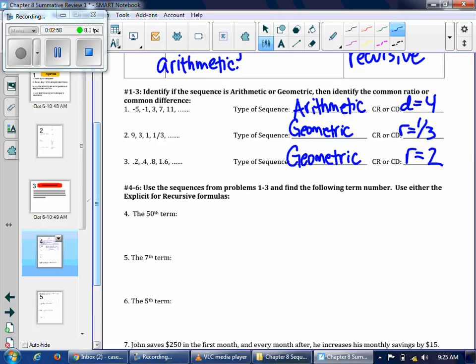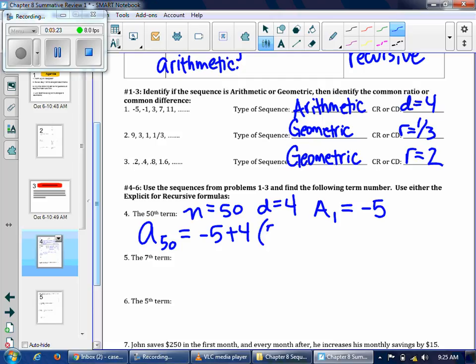I'm going to go ahead and put all the work down, and you can follow along. The 50th term of this arithmetic sequence is 191.